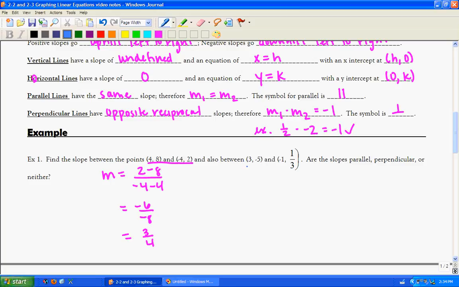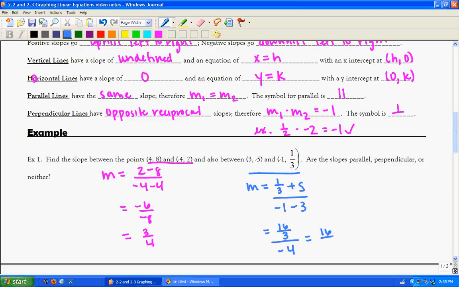If we do it then for the next set of points, that slope is going to equal 1/3 minus a negative 5, so that turns to plus, and then over negative 1 minus 3. So if we change 5 into thirds, that'd be 15/3, so altogether that'd be 16/3 on the top, and then negative 1 minus 3 is negative 4.